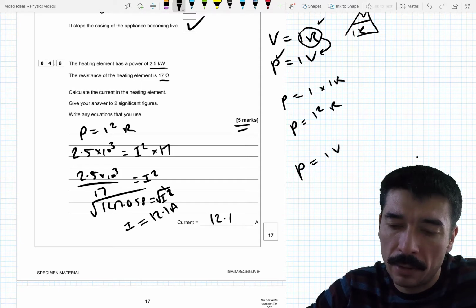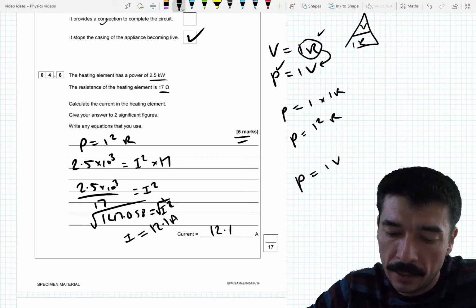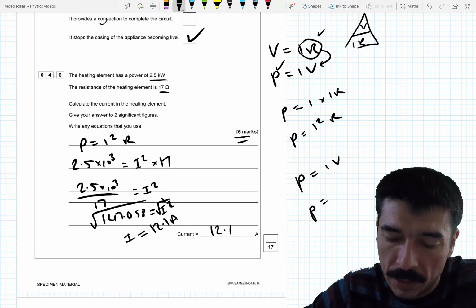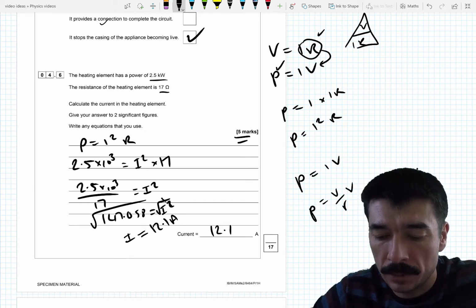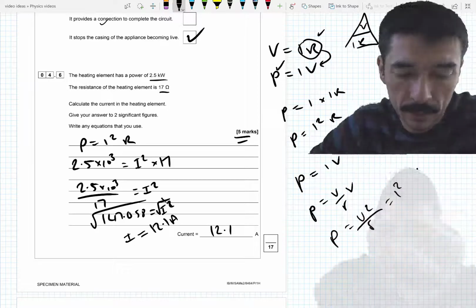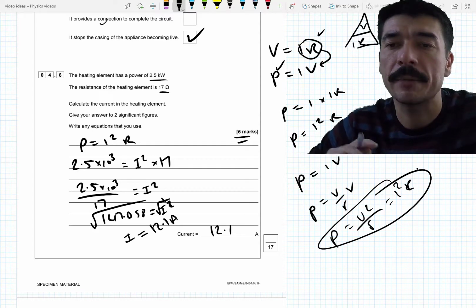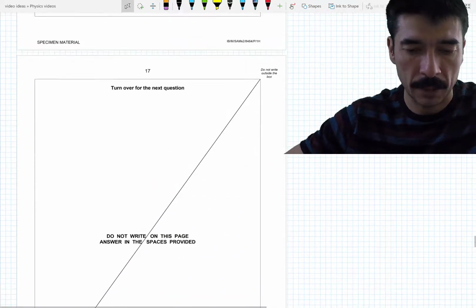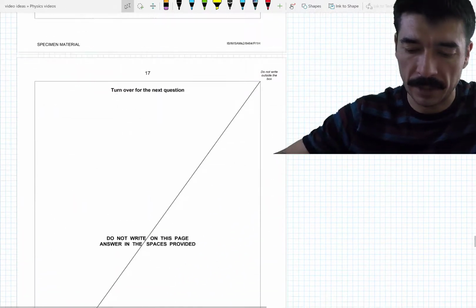You can rearrange Ohm's law for I, so I equals V over R, and you sub that in, and P equals V over R times V, so it becomes V squared over R. That's another arrangement you may end up using, V squared over R or I squared R. These two particular ways of looking at the power equation do come up, as we've just seen. Is that the end of the question? Yes, it is. So that was all out of 17 marks.